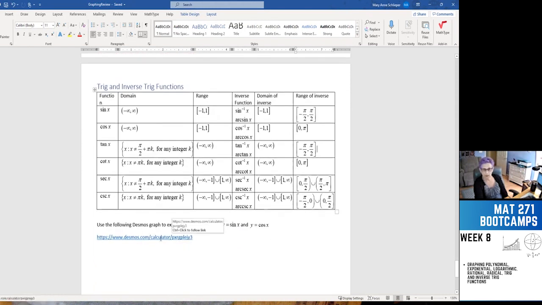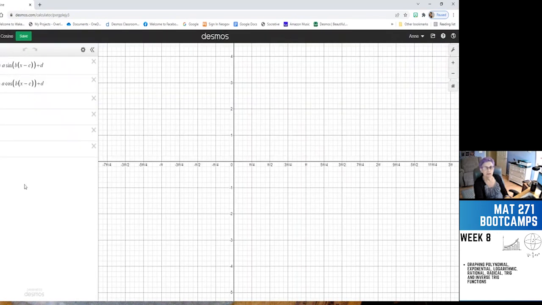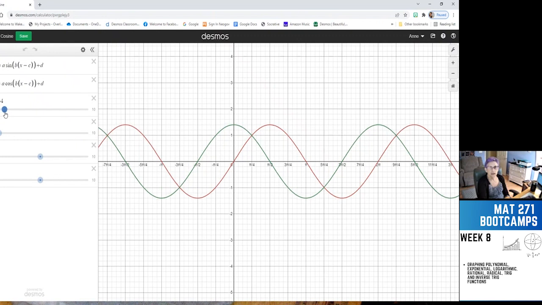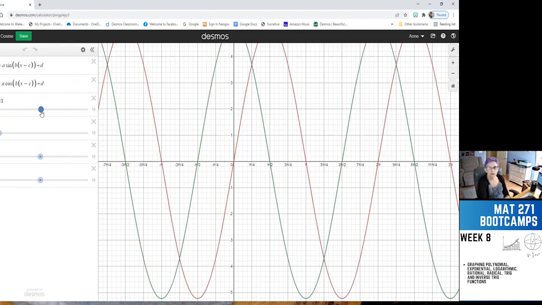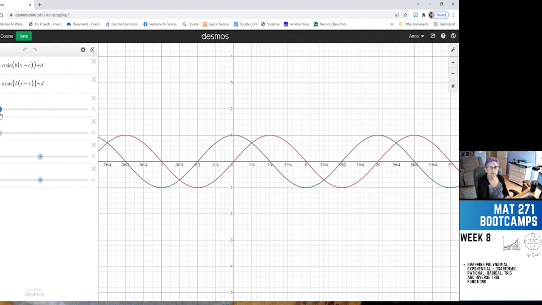And I made you a Desmos graph if you want to play with some of these. This is actually just sine and cosine, and you can see how different numbers change things. If we change A, it stretches it.